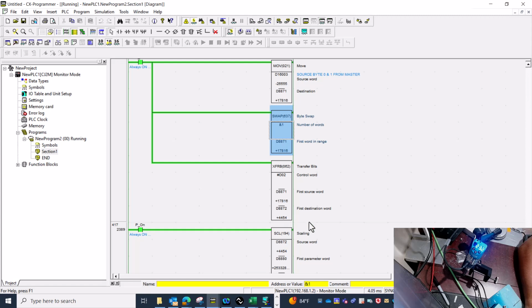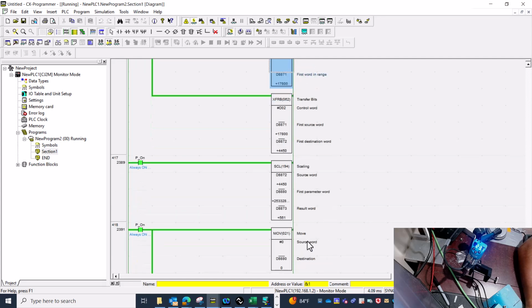But where we're going to put our lower and upper limits is that 1,000 will be equal to the lower limit, which is -20 on this sensor. The upper limit will be 9,000, which is 80 degrees positive.